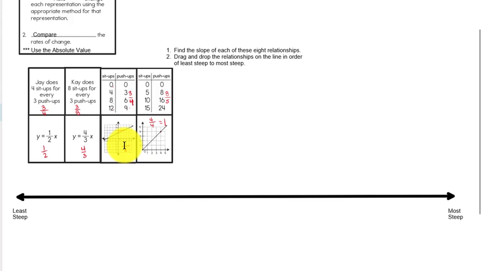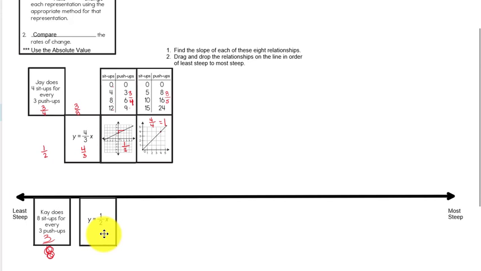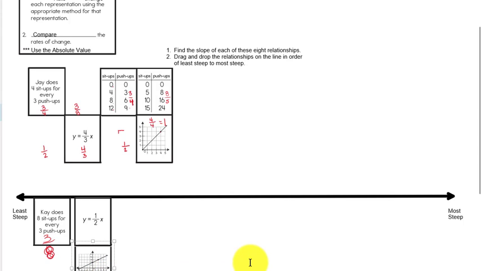There's one smaller than 1/2. It's going to be 3/8. Then, if you'll notice, I have this one is 1/2, as well as this one is 1/2. So these two go in the same place here. Both of these have a rate of change of 1/2.